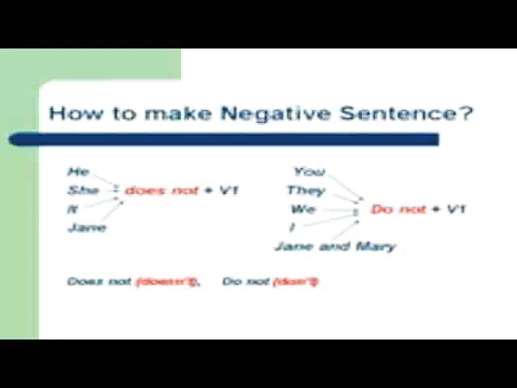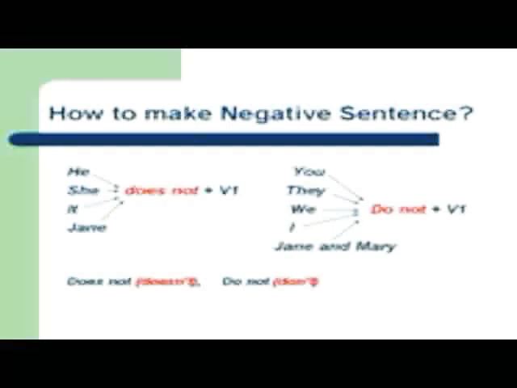Then how will we make negative sentences in present indefinite tense? With he, she, it, and a singular noun, we will use does not with the first form of verb. And students, just keep this in your mind: when we use does not or does in the sentence, the s or es will not come with the verb.